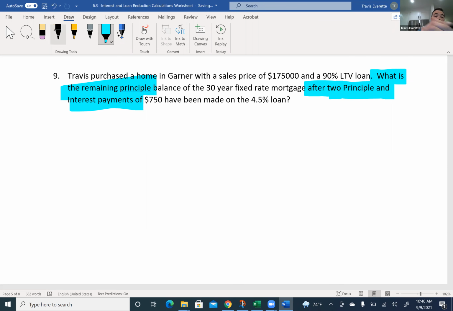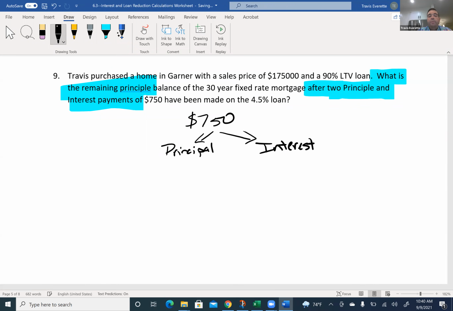So again, we've got a monthly payment here of $750, which we need to split up into interest and principal. Because we need to know how much of that payment is actually getting credited toward Travis's loan balance. So let's take a look at payment number 1.